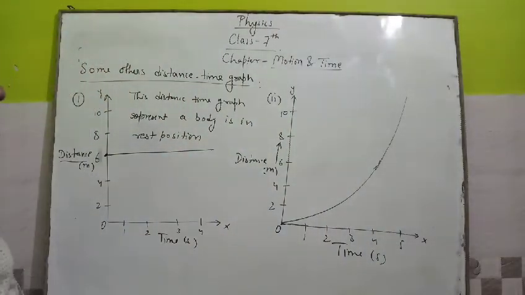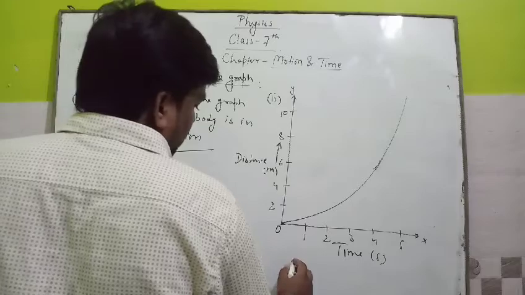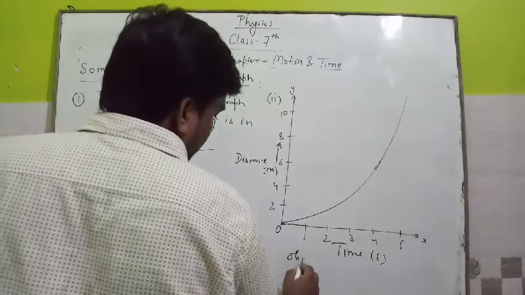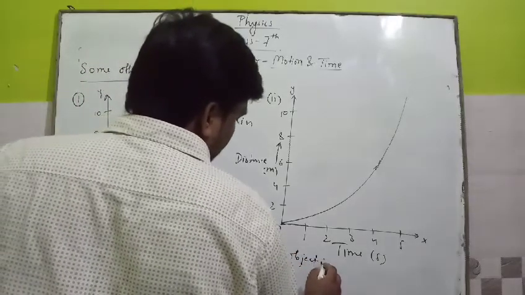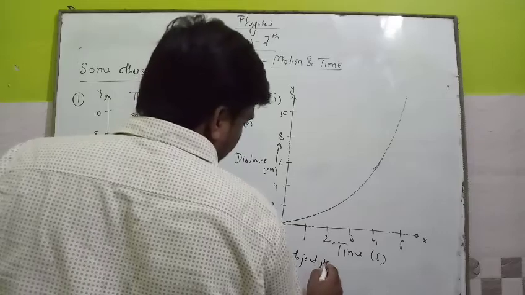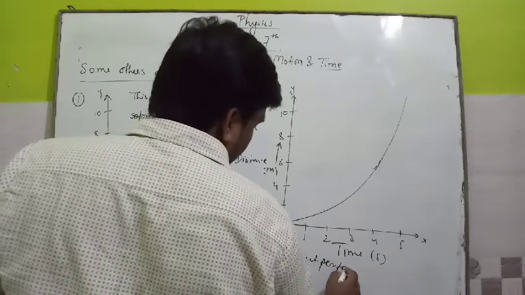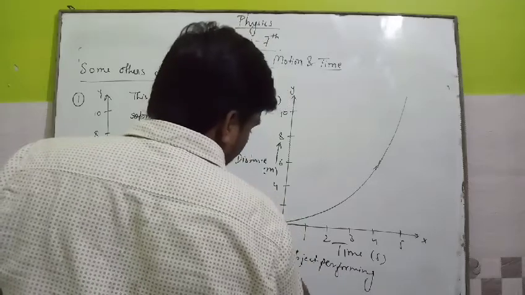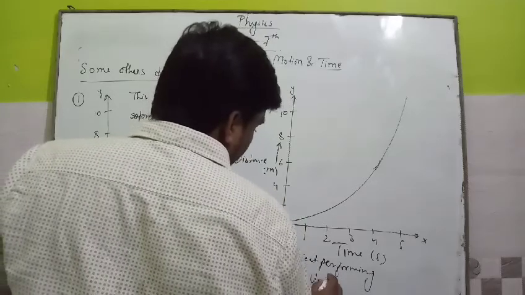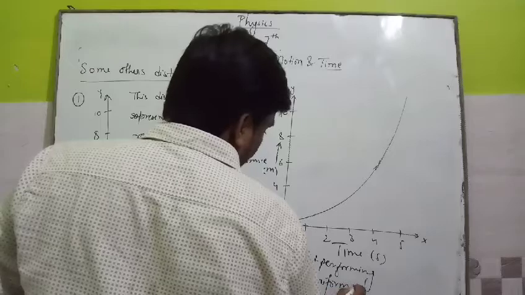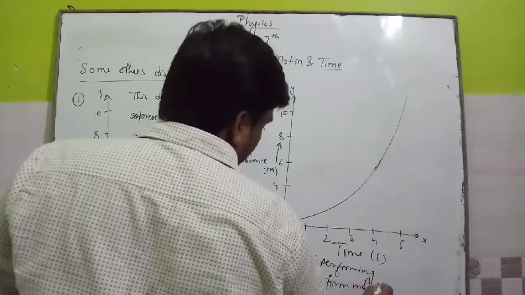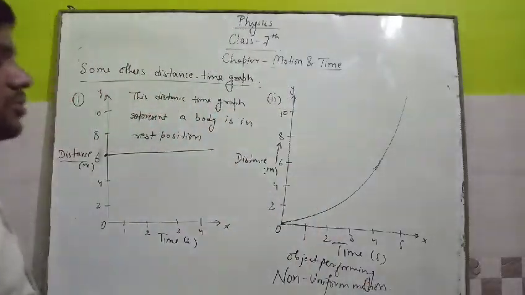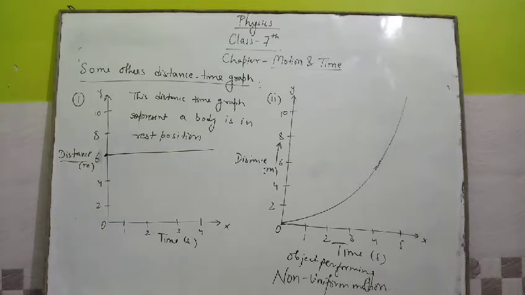This means the object is performing non-uniform motion. This is the graph for non-uniform motion. Clear? Understood? Okay.